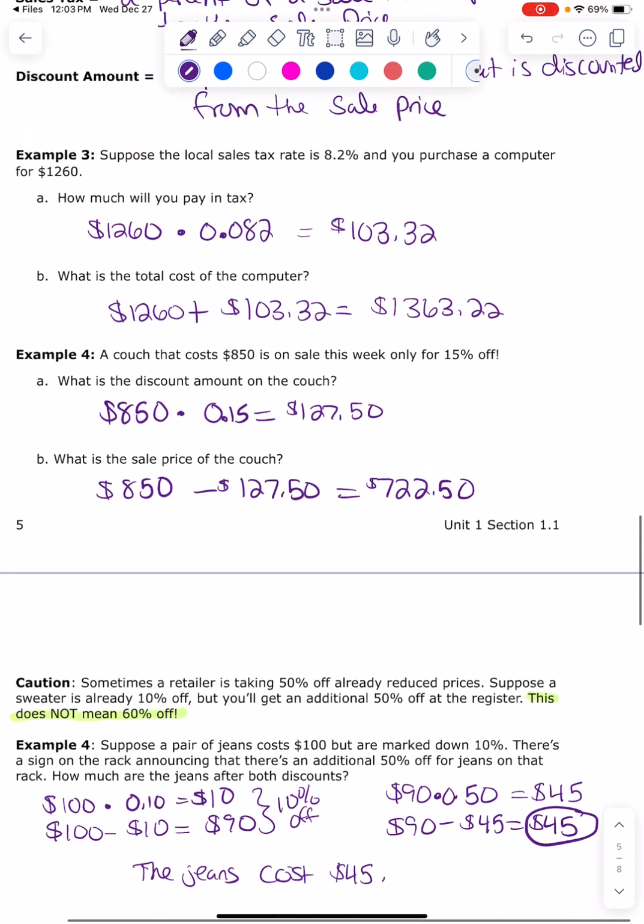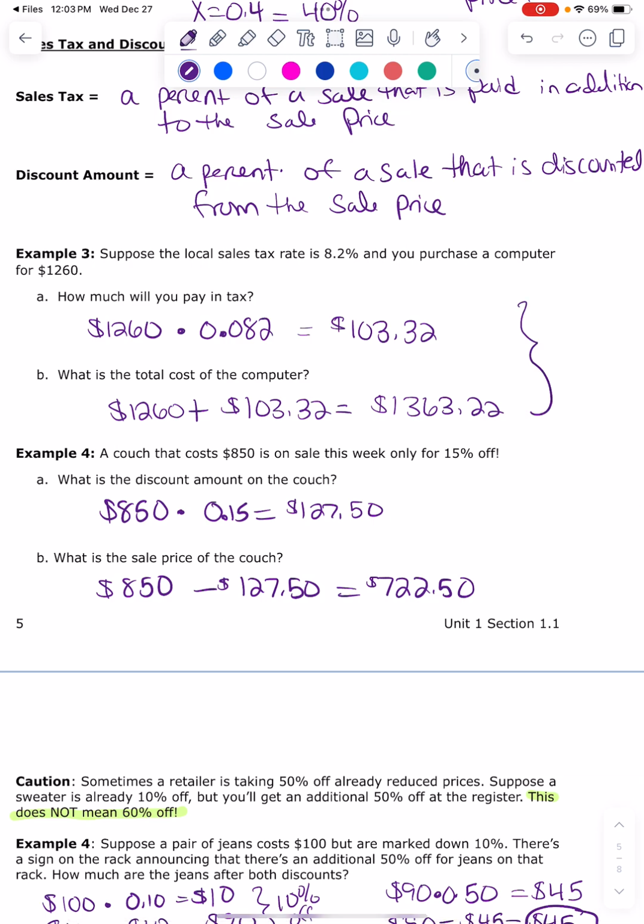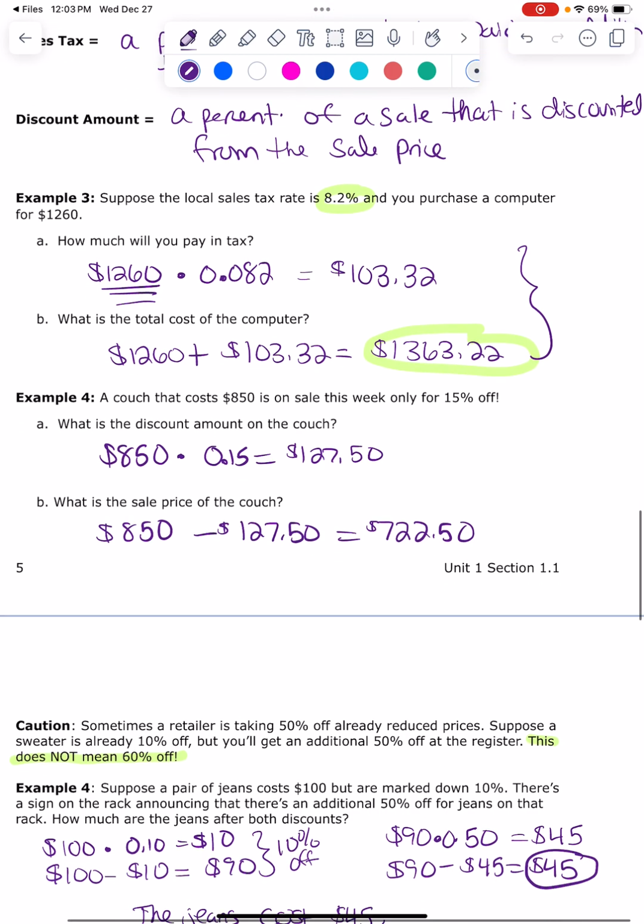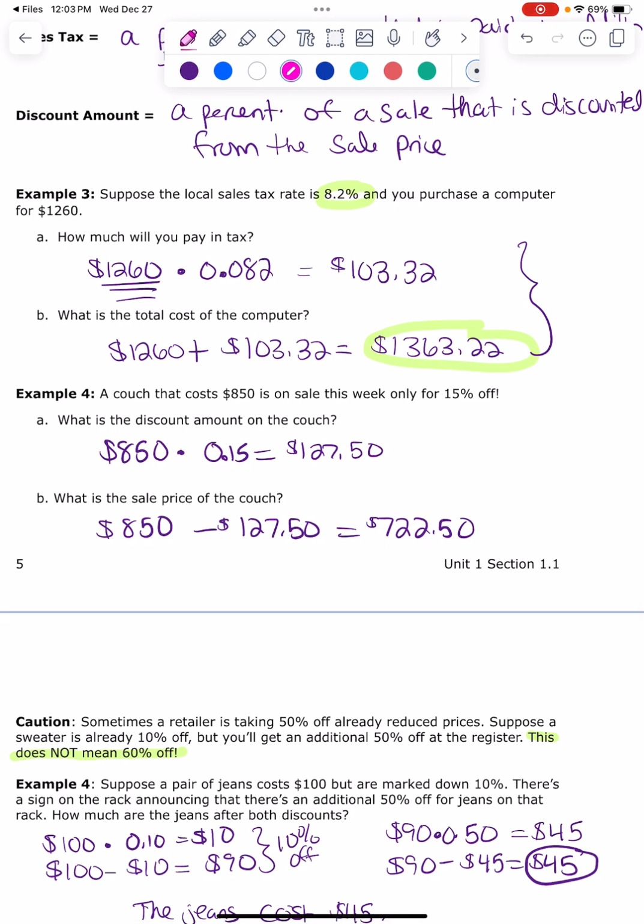So it's similar to, in example 3, we knew the before tax, so we just multiplied by the tax rate and then added it to get the total. So in this situation, we have this and we have this, but we do not have this, the 1,260. So that's what we're trying to find. So the equation that we're setting up is very similar to what we have here. It's just that we don't know this amount.